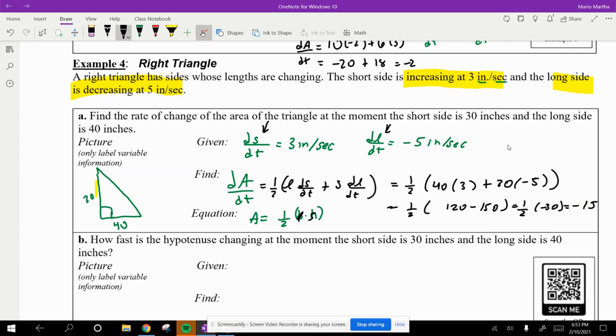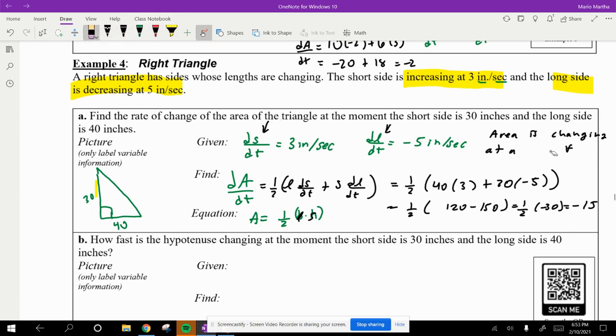So we can say that the area is changing at a rate of, or actually, decreasing rate. Again, even I myself keep forgetting.